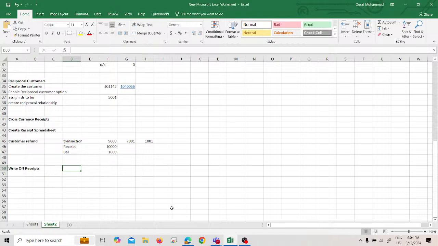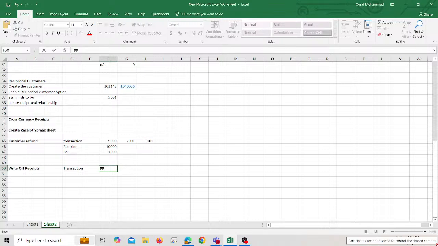Just take an example of a transaction. Suppose we have a transaction of $9,995, and we have received a receipt of $10,000.